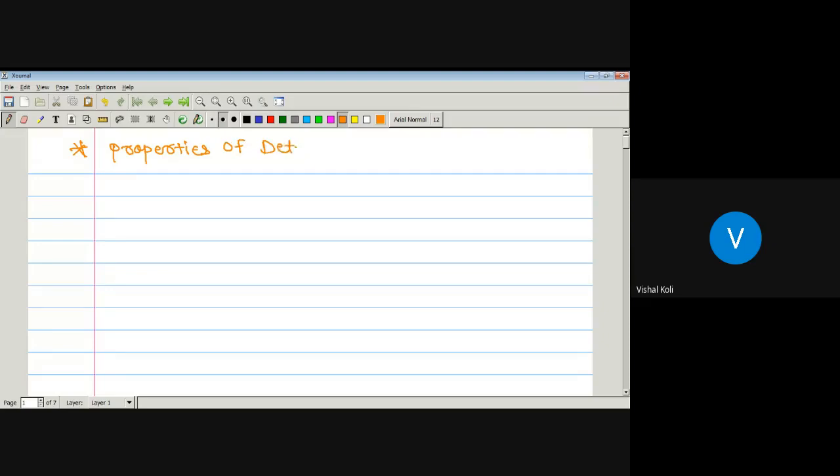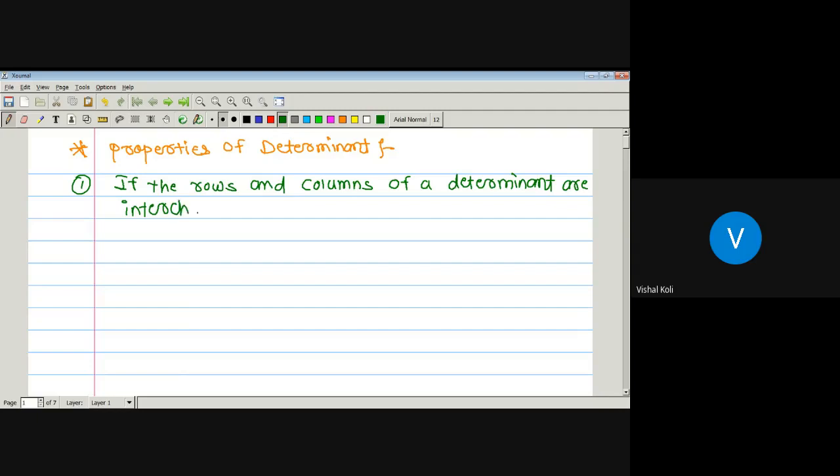Now, the first property is: if the rows and columns of a determinant are interchanged, the value of the determinant remains unchanged.